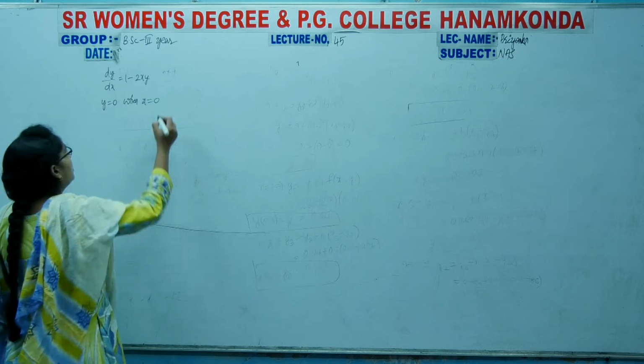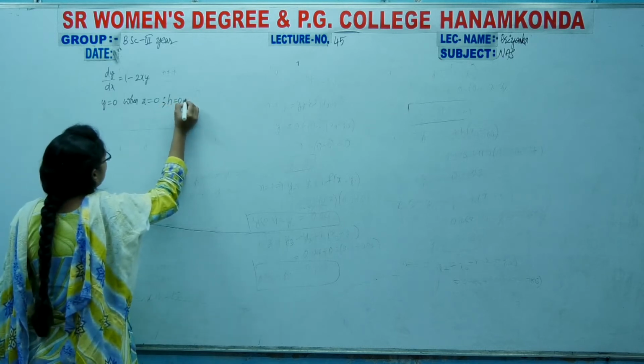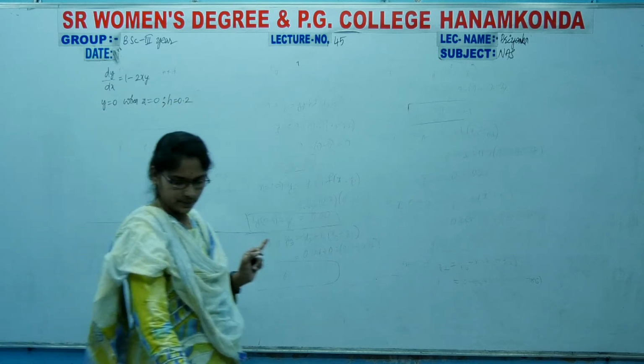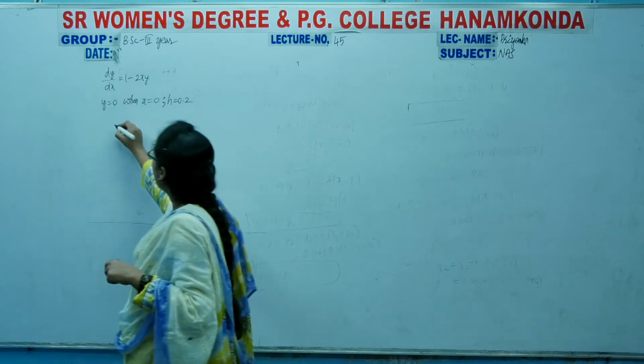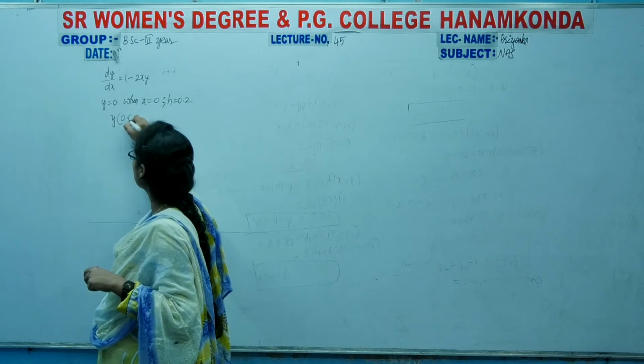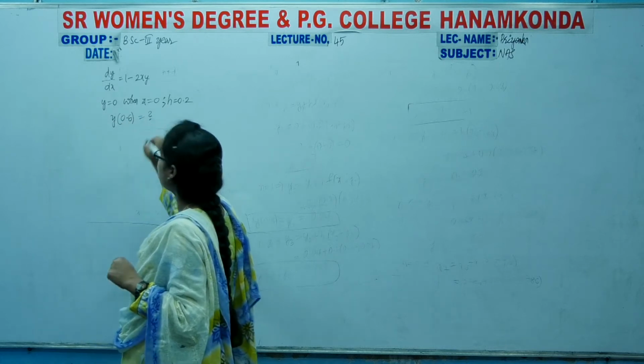Take h is equal to 0.2. They asked to find the y value at x is equal to 0.6. So we have to find this value.